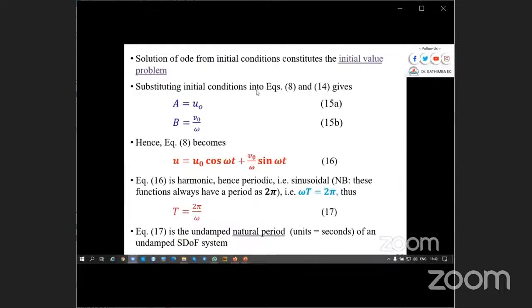The solution of the ODE from initial conditions constitutes what we call the initial value problem. If you are solving a differential equation, whether ordinary or partial, from the initial condition, we call it an IVP. Last semester, we were solving PDEs.